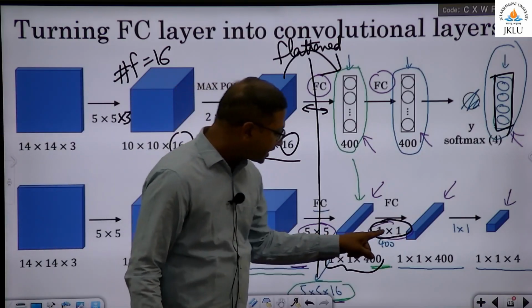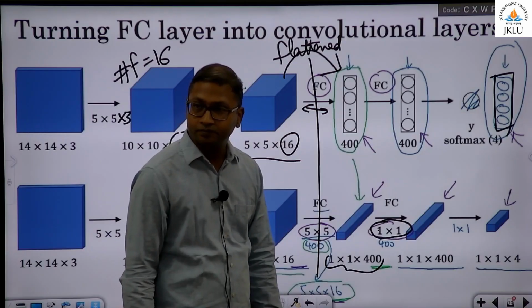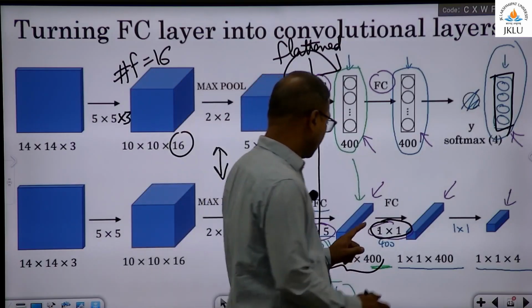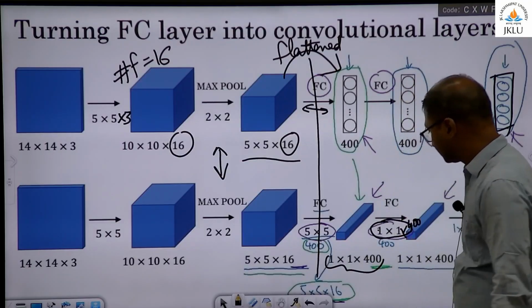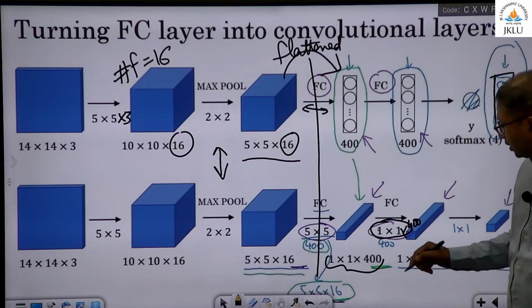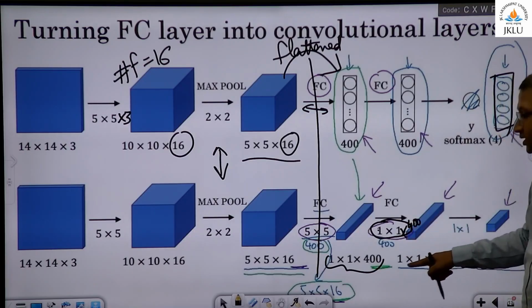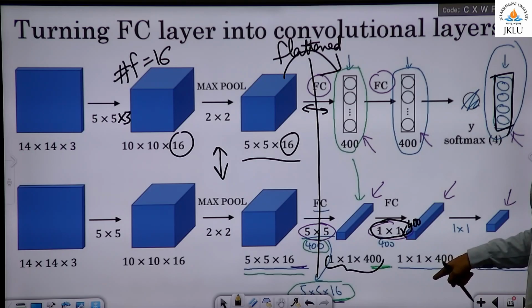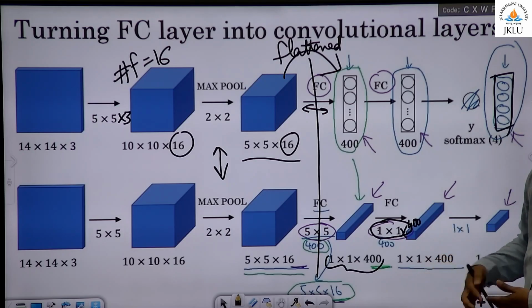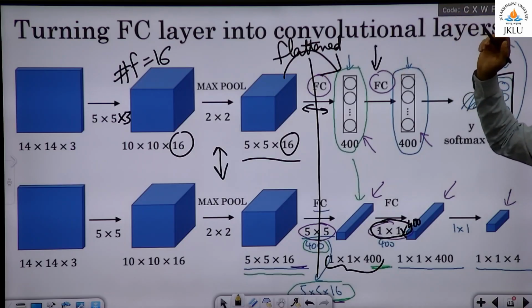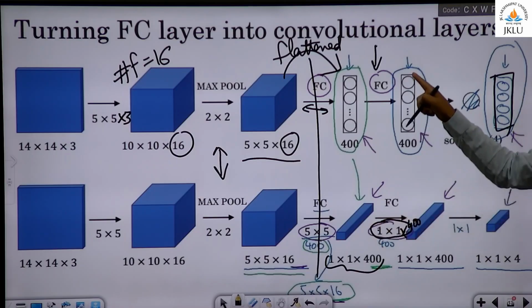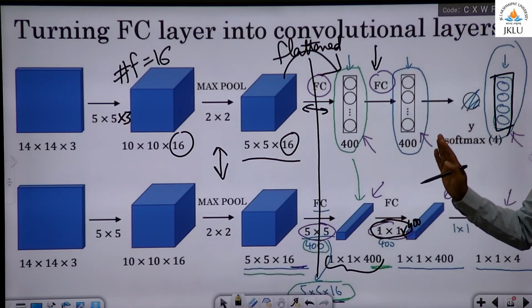What will be the size of this filter? 1 cross 1 cross 400. Okay. And how many of them will be needed to get this? 400 of them. So how many total parameters? 400 cross 400. Same as here, right?